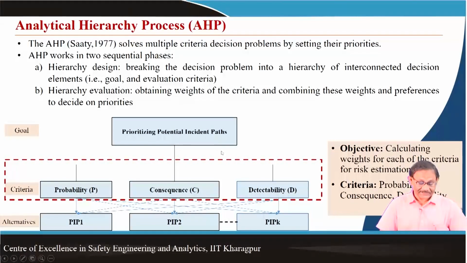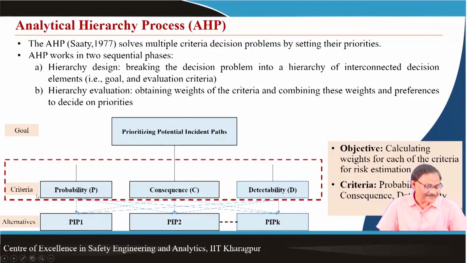For our domain, safety and risk analytics, we are interested in seeing which of the accident paths or potential incident paths, PIP meaning potential incident paths, has the maximum risk.